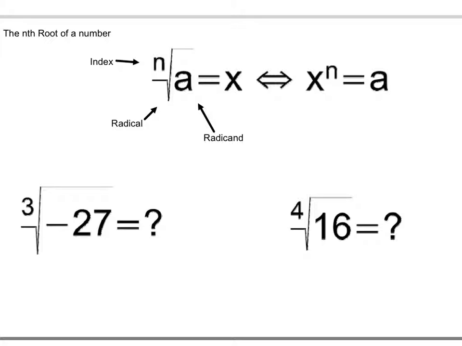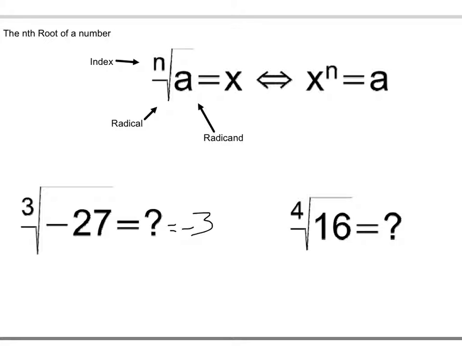And so we can see this in practice. Looking at my first example here, I'm asking for the cube root of negative 27. Negative 27 here is my radicand. 3 is my index. So what I want to figure out is what times itself 3 times equals negative 27. Well, with some trial and error or a couple of other things, I might realize that my answer is going to be negative 3.